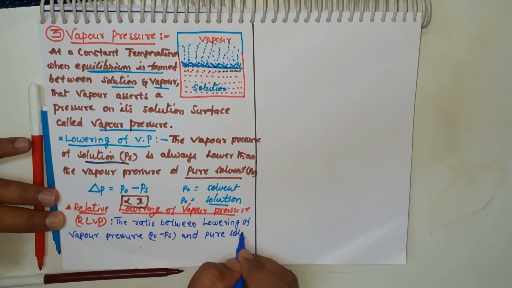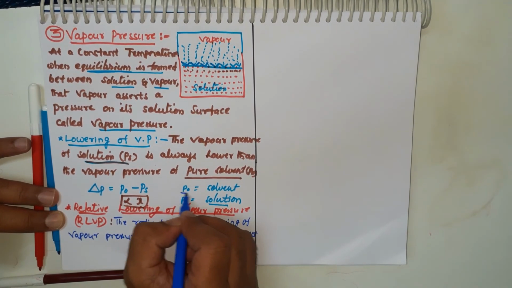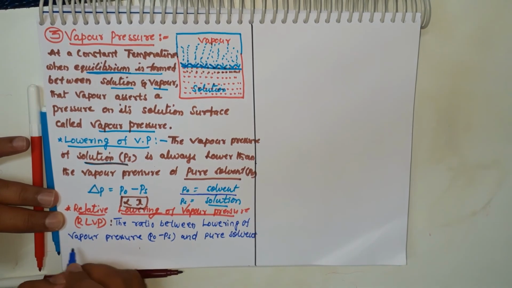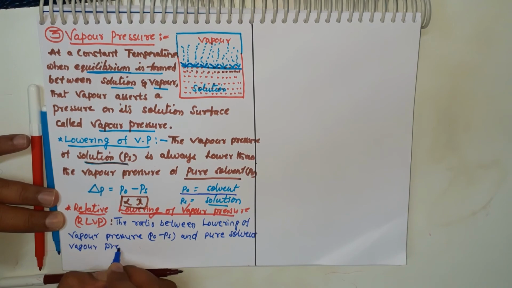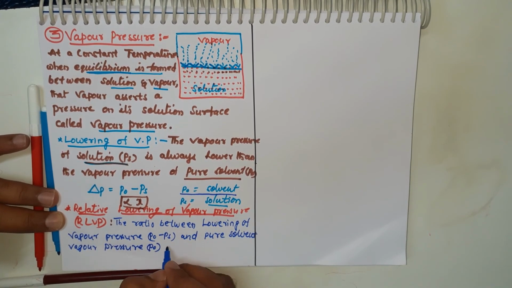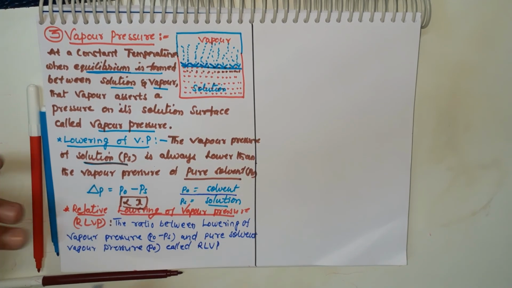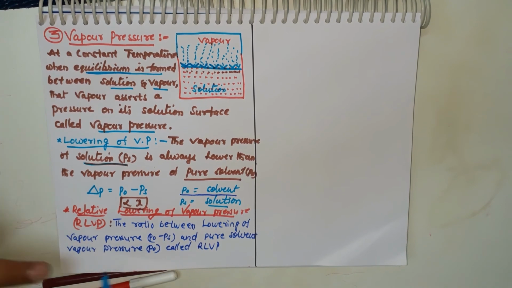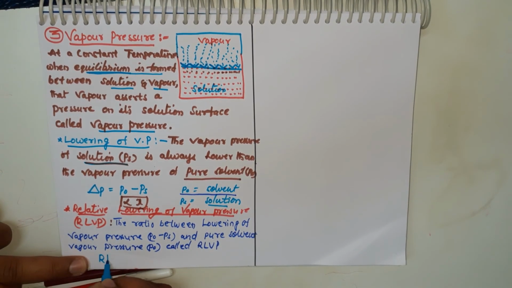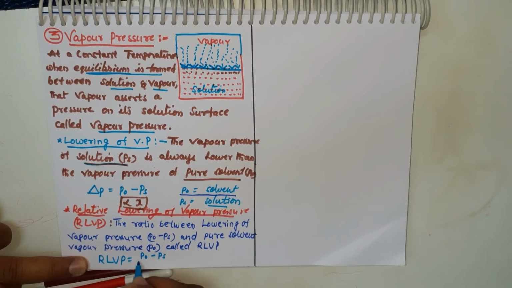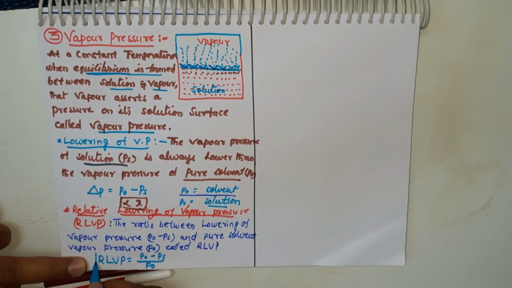The pure solvent vapor pressure is P0. We assume that RLVP is equal to P0 minus Ps by P0.